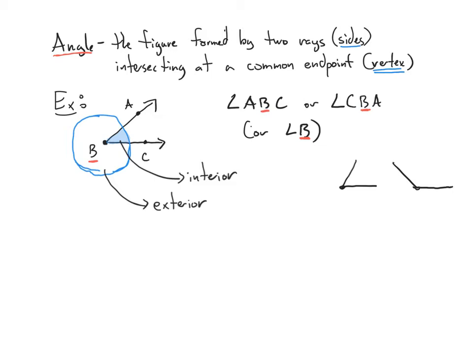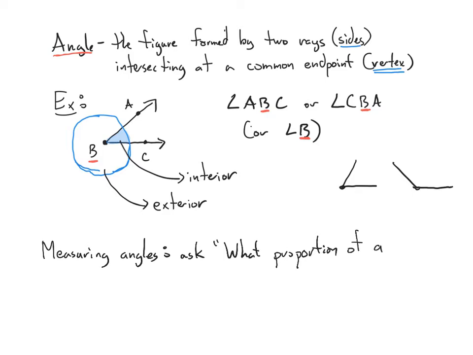And the way we do it, for measuring angles, what we do in some sense is we ask what proportion of a circle centered at the vertex is in the interior.